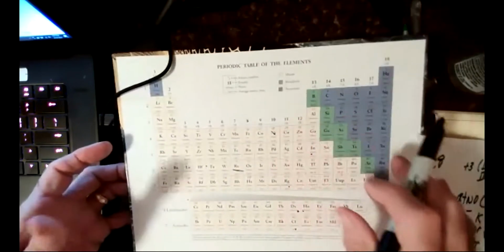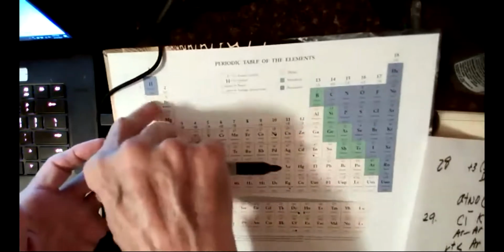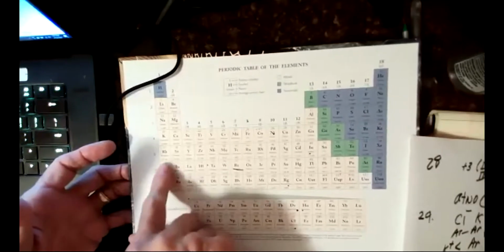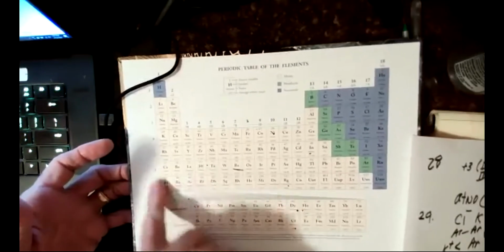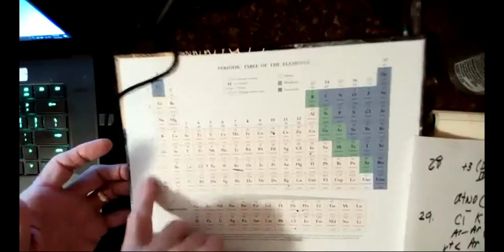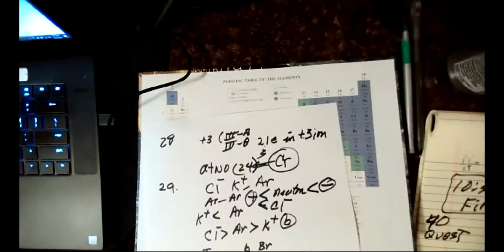Here is the dividing line with the metals. So if I'm looking at this family, for example, the one that has the lowest energy need to remove an electron would be the one that's the most metallic, the furthest away from that line. So if I'm going down, these two should be lower than these two.